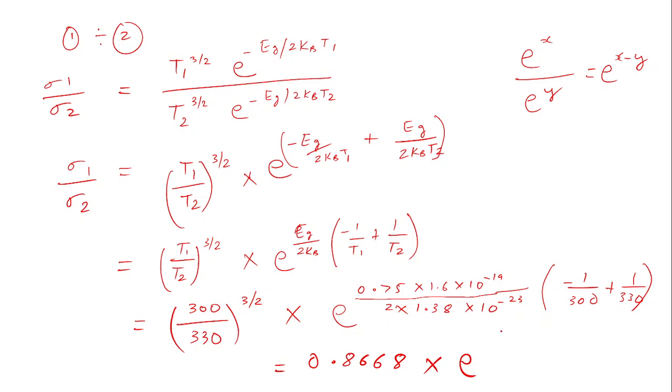I'm getting e to the power, this will be in minus, and minus 1.3175, 10 to the power minus 4 minus 19. Okay, first let me solve this. 23 minus 19, 4, and from this, okay, the powers will be cancelled and I'll be left with this.